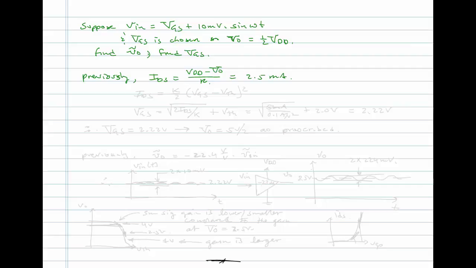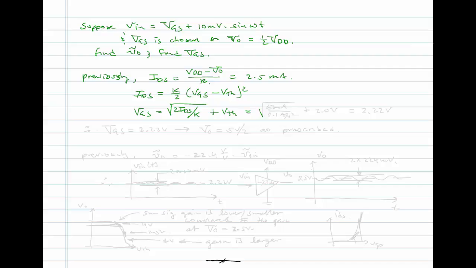And so IDS, which is equal to K over 2 times VGS minus V threshold squared, we can solve for VGS here. Big VGS is going to be equal to the square root of 2 IDS over K plus V threshold.